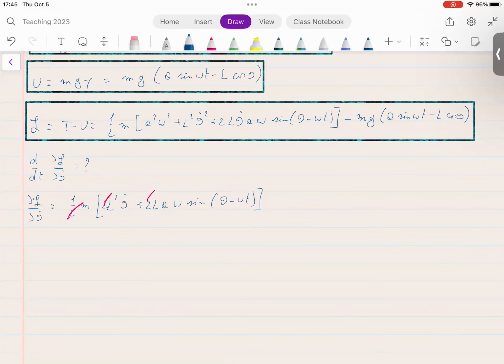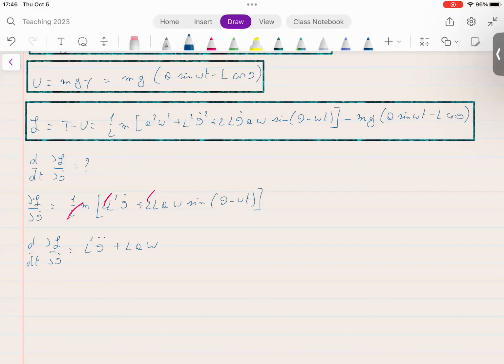Okay, so I take the time derivative of this quantity. This is a total derivative, not a partial derivative. So I'm going to have the derivative with respect to time of theta dot, which is theta double dot, L square, plus L times A times omega. These are all constant.